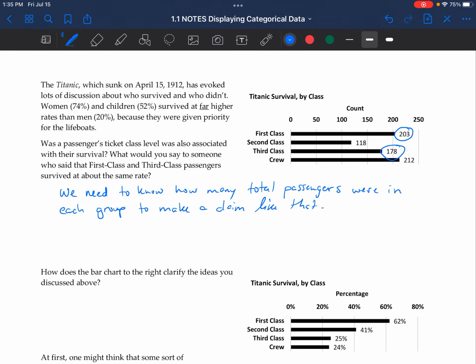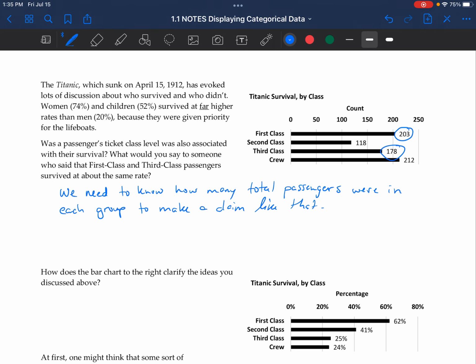So, to say they survived at the same rate, that's talking about percentages and proportions. What we have here is raw counts. If you wanted to say, oh, about the same number of people from first and third class survived, then you've got some reason to go with that. But that doesn't tell you much about the survival rates.